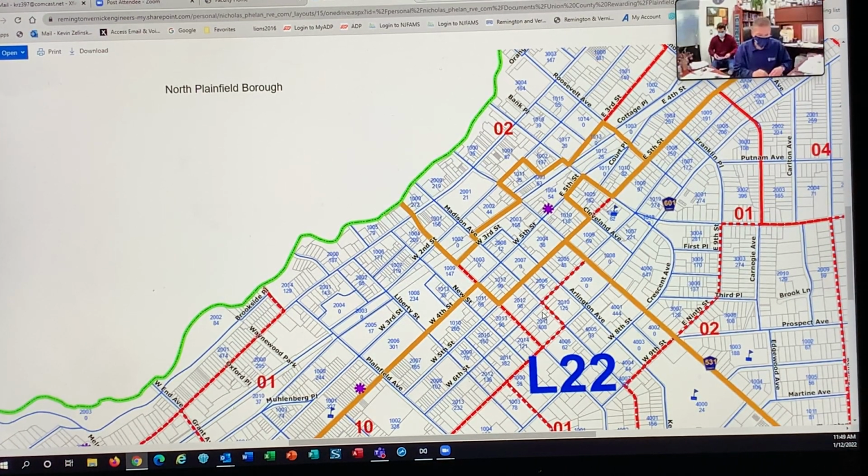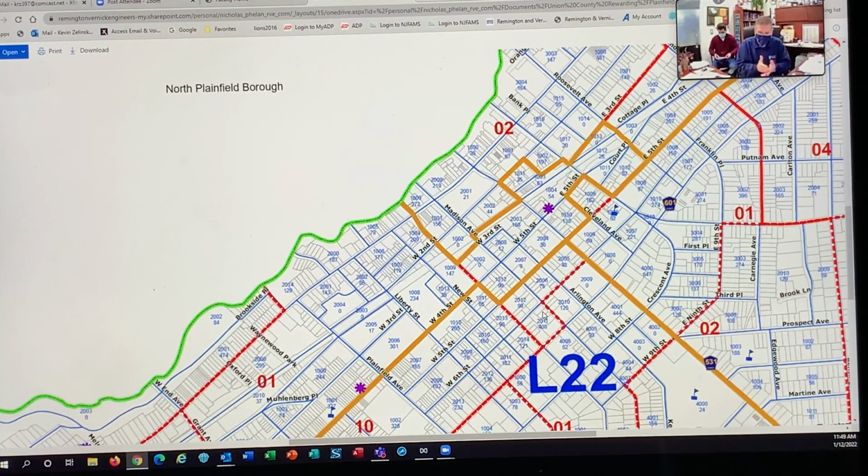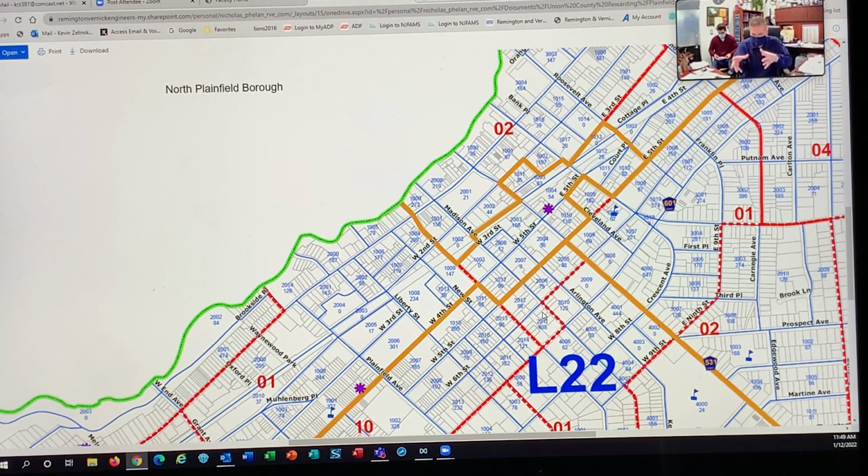And again, commissioners, I just want to quickly point out there are multiple criteria that we need to follow by the statutes under Title 40. If you concentrate on a good balance, you see something like this. If you concentrate on just keeping neighborhoods together, you have another issue. If you concentrate on elected officials, you have a third issue.